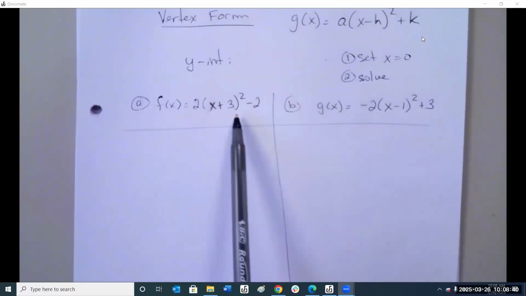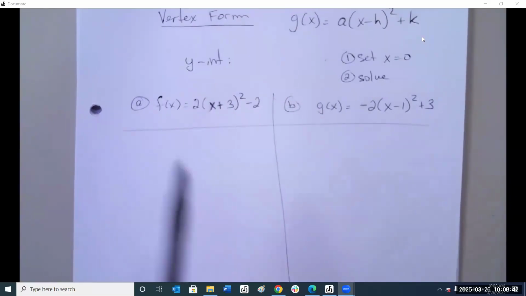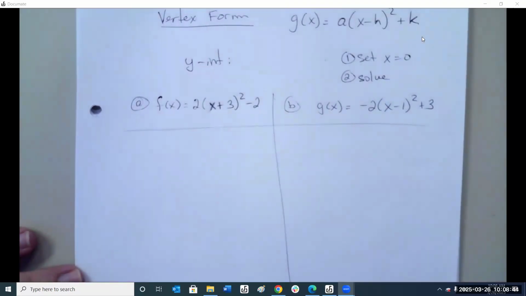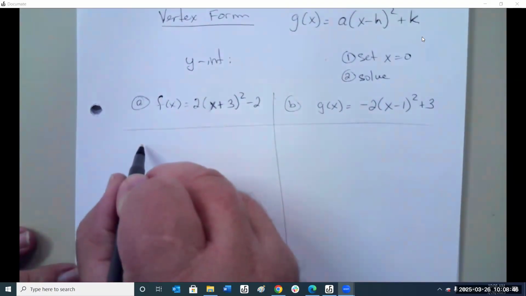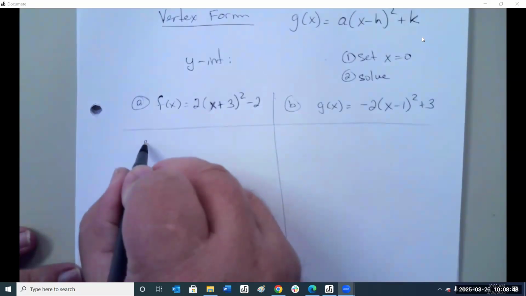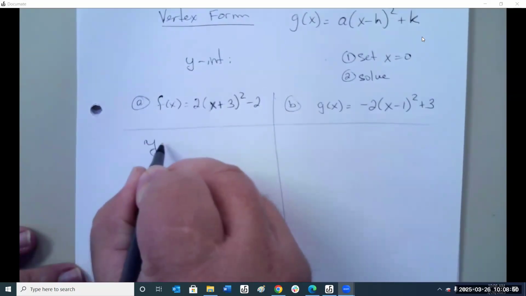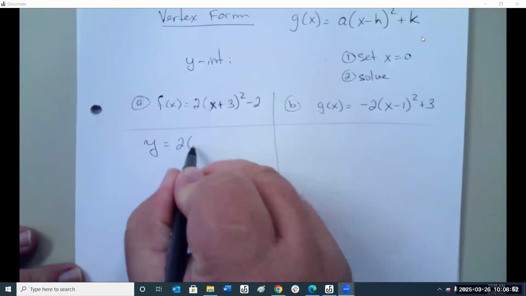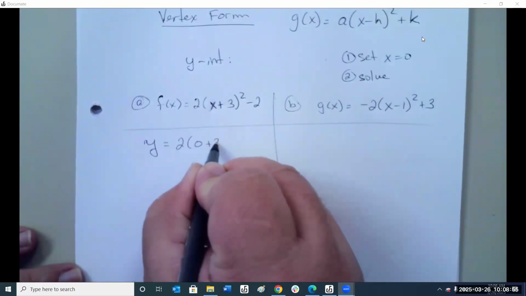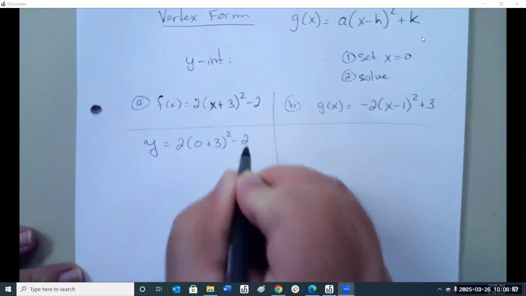What form are these in? Vertex form. I want to find the y-intercept. So remember, f of x is the same thing as y. So I set x equal to 0, and I work it out.